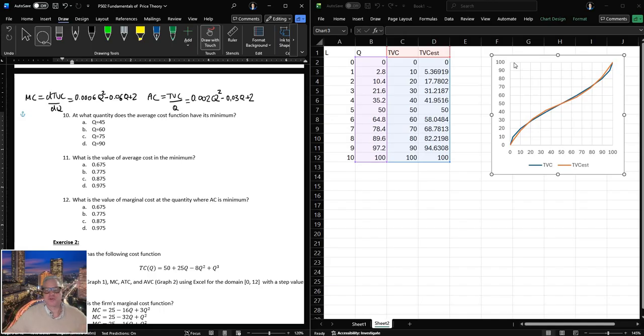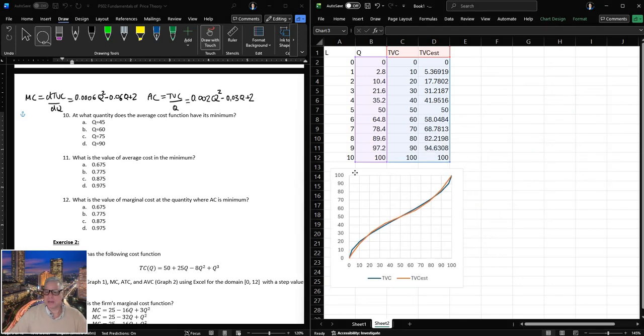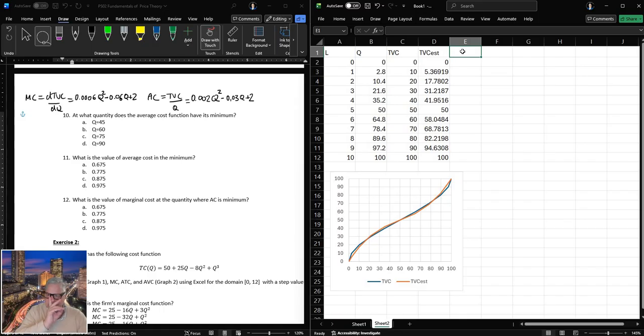Okay, at what quantity does the average cost function have its minimum? Let's first draw it, because you can either calculate things by hand or just look it up in Excel. So let's create another graph with the average cost, AC.